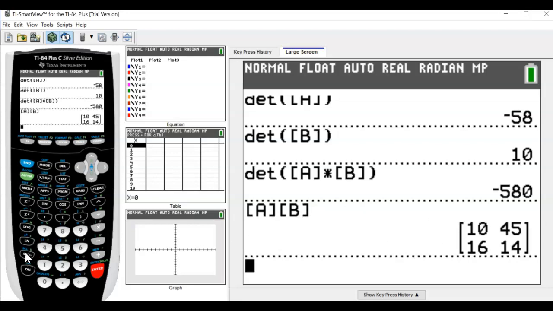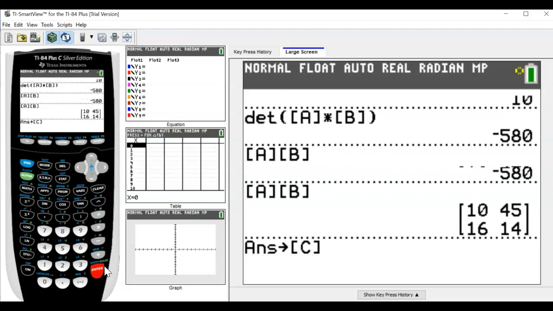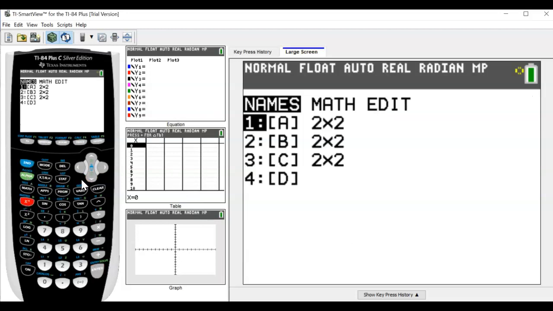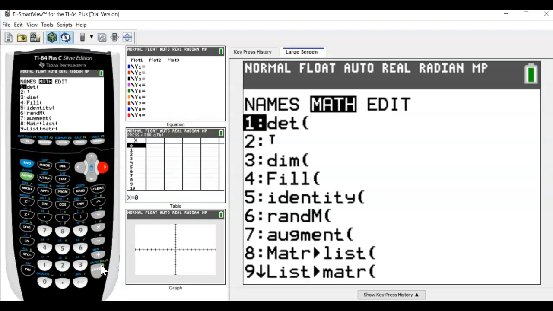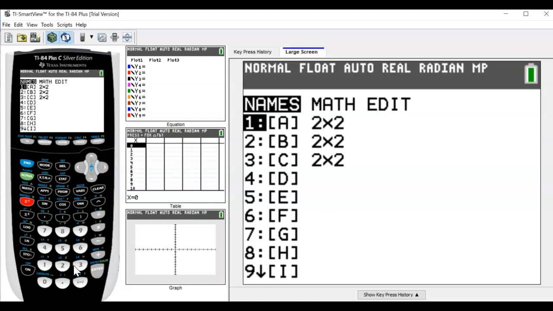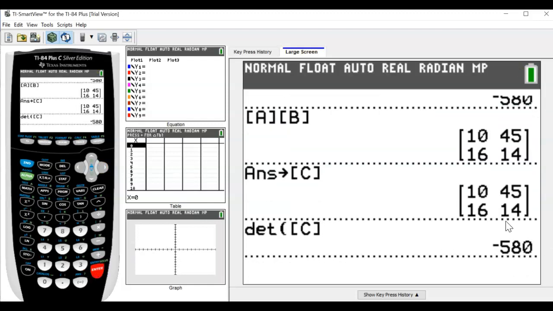You can go down to this little store button here, STO, and you can say, well, let's store that as matrix C. So store that as matrix C, and then you could find the determinant of matrix C. And sure enough, any of the ways we do that, you're going to get the same results.